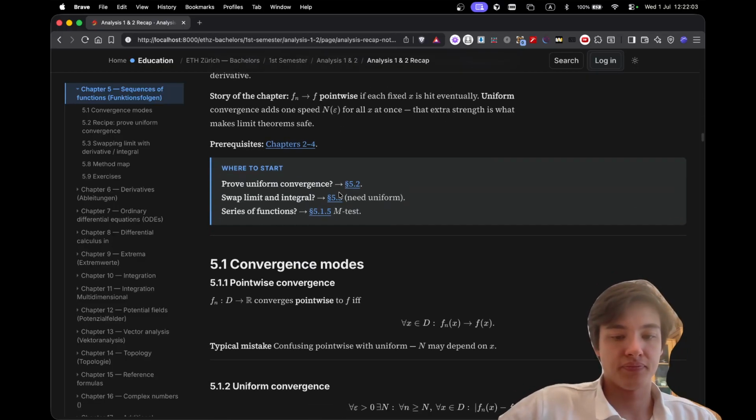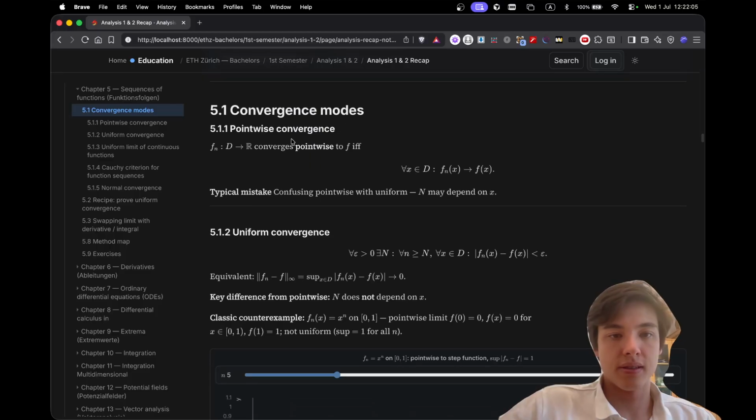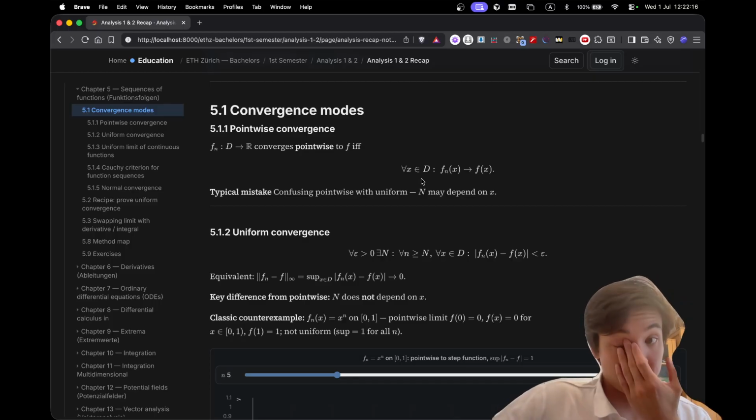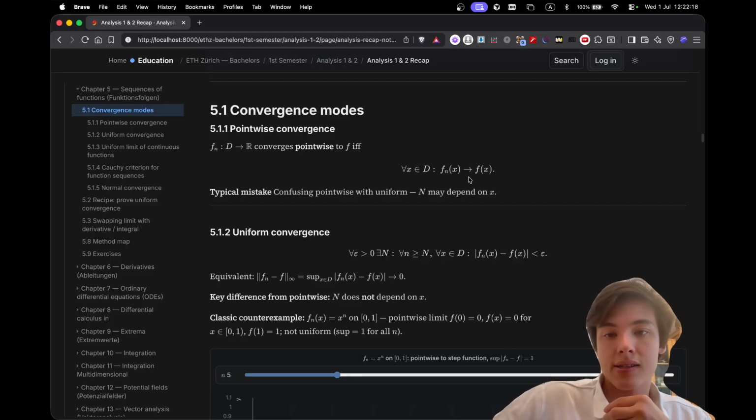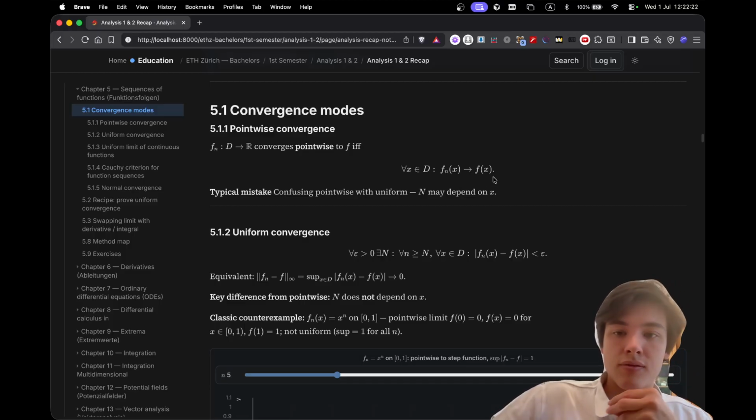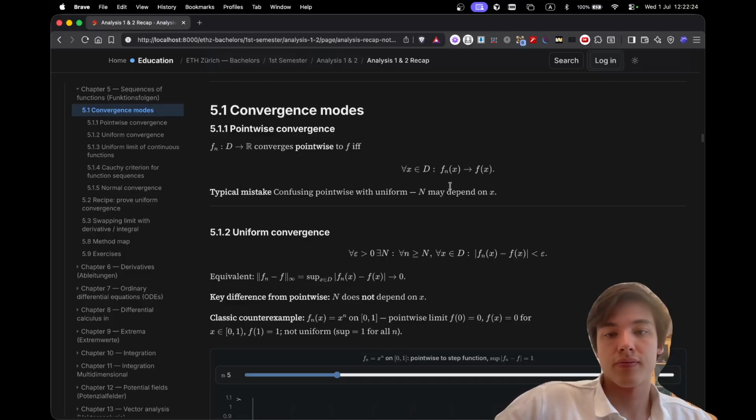Convergence methods. Pointwise convergence: the function fn converges pointwise to f if for any x value there's an n that converges towards it.